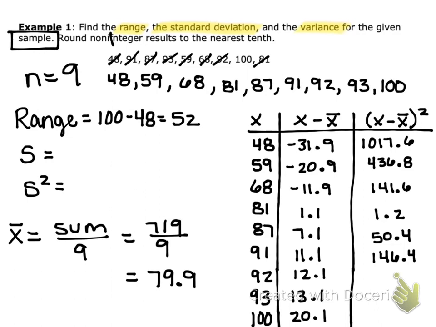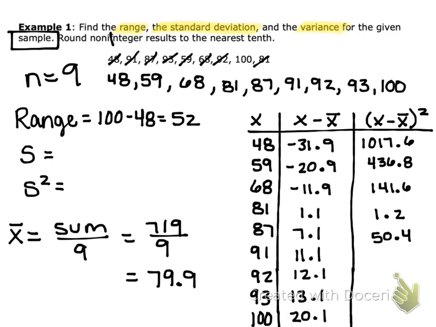Where's my... All that should be fine. 7.1 times 7.1 should be fine. 50.4. 11.1 times 11.1. That's the one I missed. Okay. So the 146.4 needs to be moved down one.